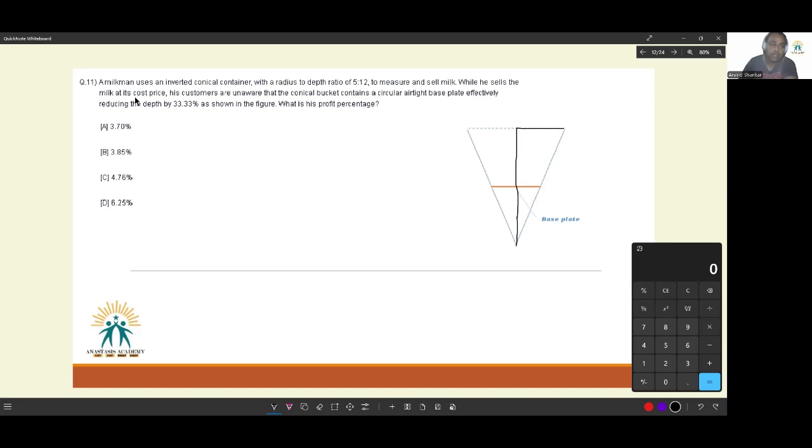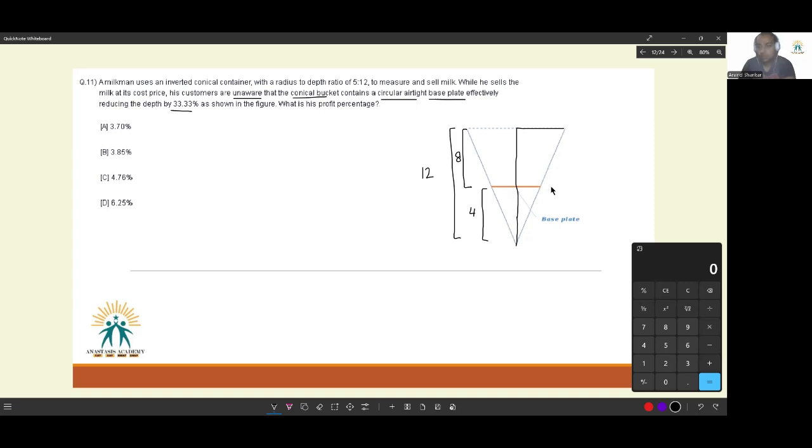While he sells the milk at its cost price, his customers are unaware that the conical bucket contains a circular airtight base plate, effectively reducing the depth by 33.33% as shown in the figure. Which means, if this entire depth was 12, but if it is reducing it by 33.33%, this is 4, this is 8, this is 4, this is 8.